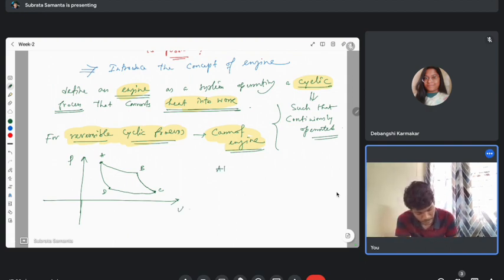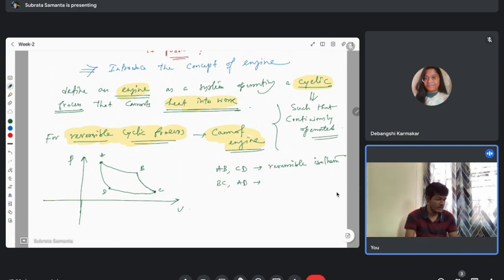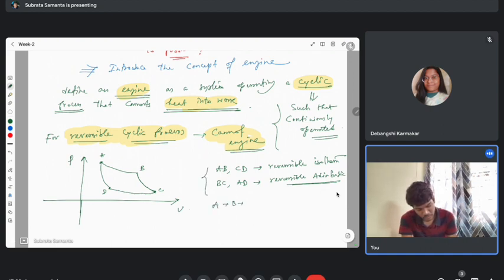AB and CD are reversible isotherms, and BC and AD are reversible adiabatics. The Carnot engine is the cyclic process A to B to C to D. It contains two reversible isotherms and two reversible adiabatics.